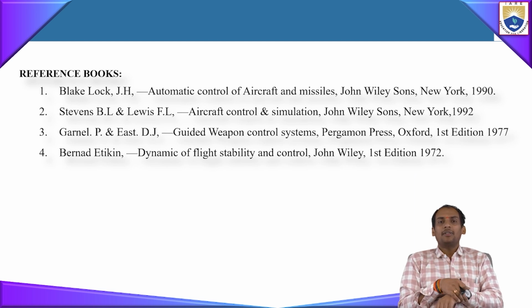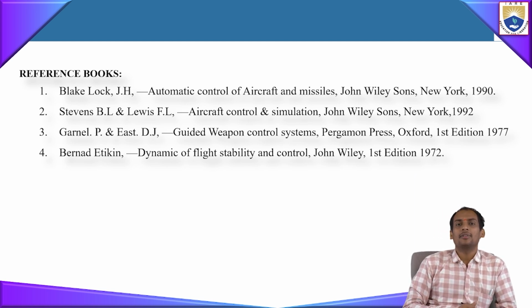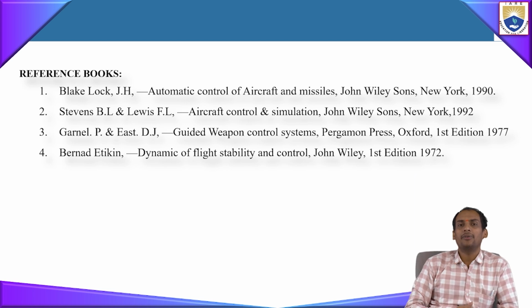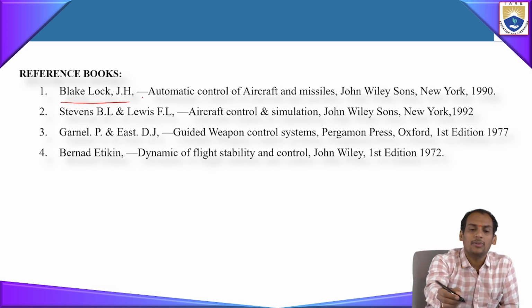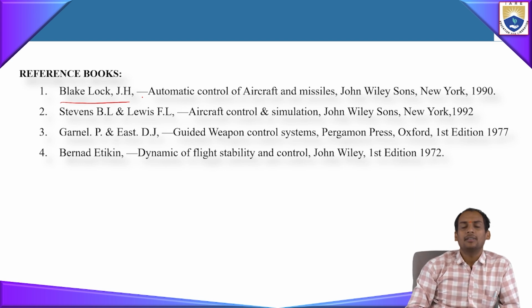So this is all about the glide slope coupler and automatic flare control system autopilot installed in aircraft. For any further doubts and clarification, you can refer to this book for your information.